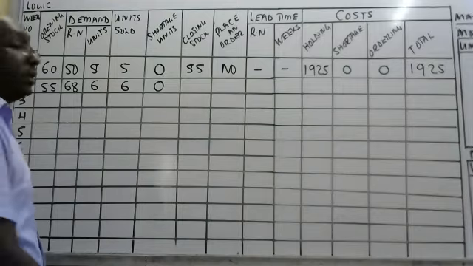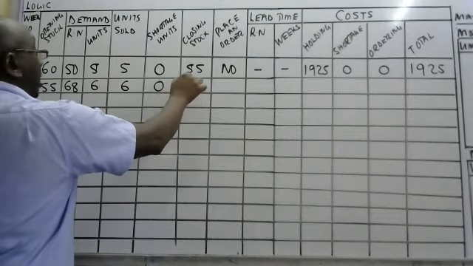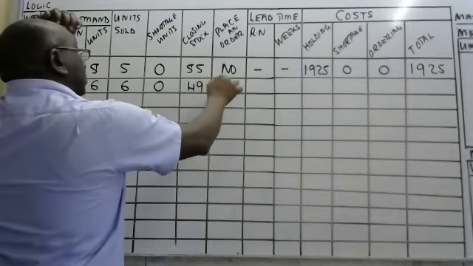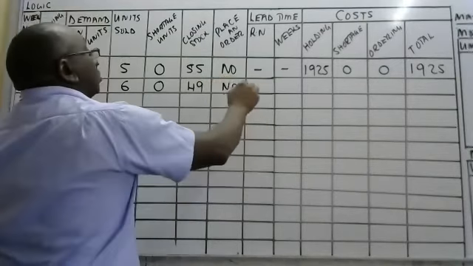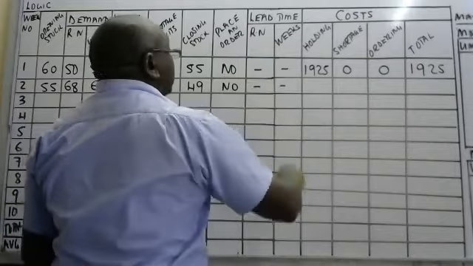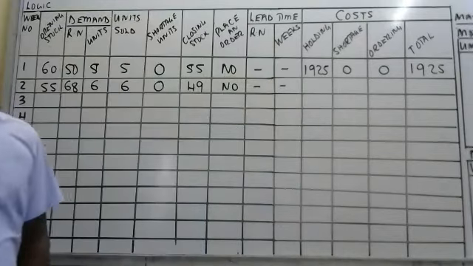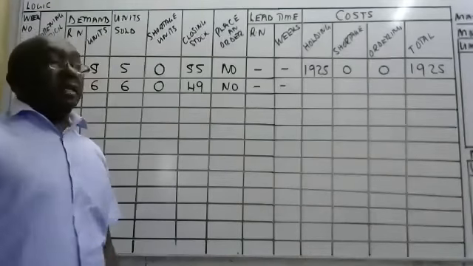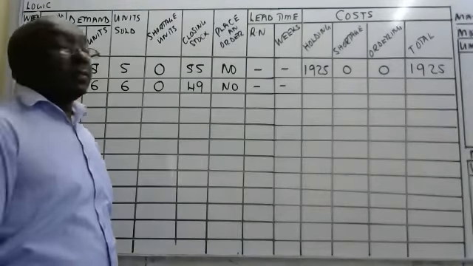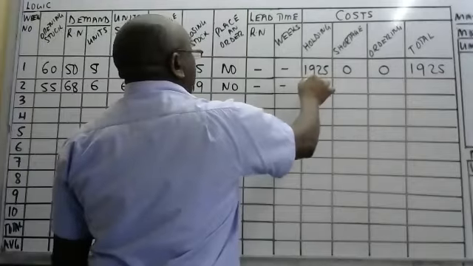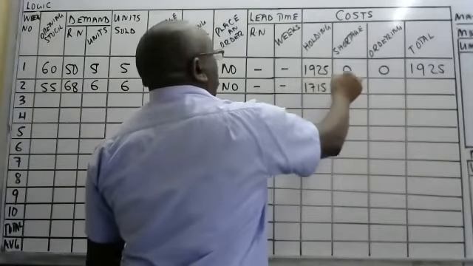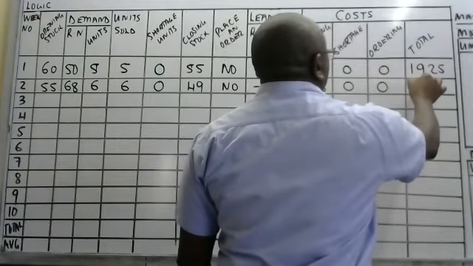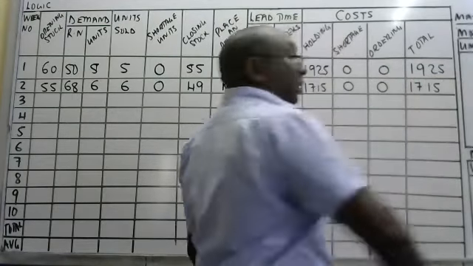Closing stock is 49. Do you place an order? So lead time, nothing. So holding is 49 times that 35. 17, 15. So there is no shortage, no ordering, and we have 17, 15.